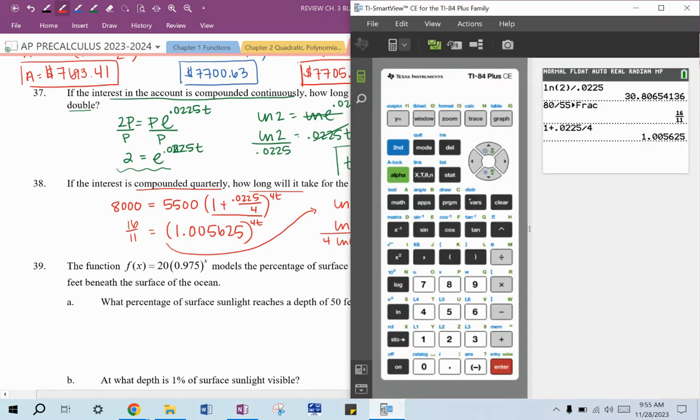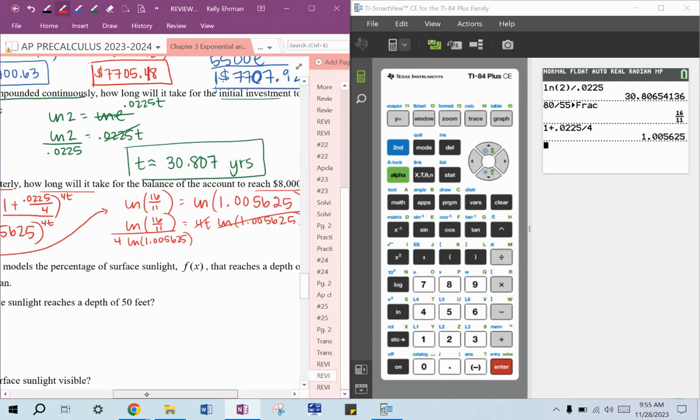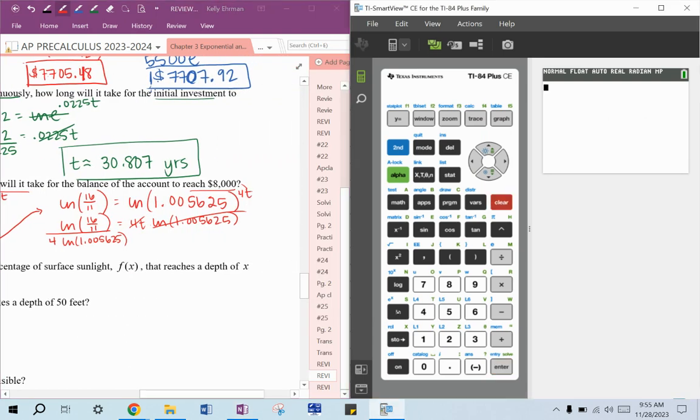Okay, so let's see what that is. That was the natural log of 16 over 11 divided by, be careful here, you need parentheses around 4 times natural log of 1.005625, because otherwise the calculator will do order of operations.